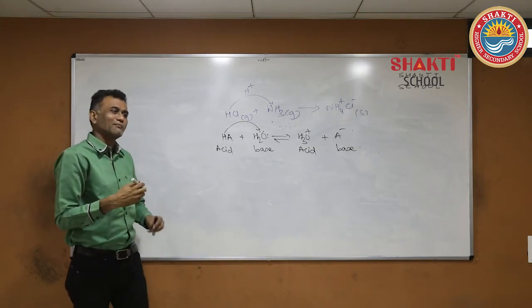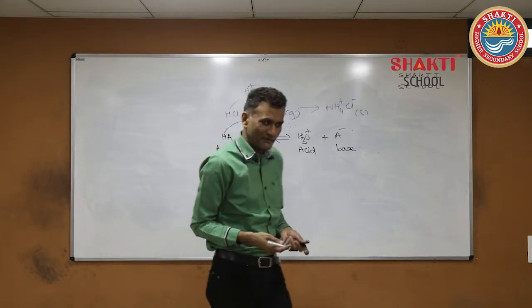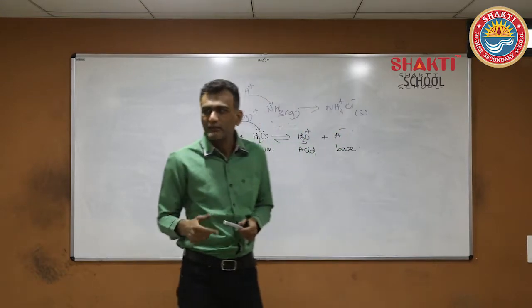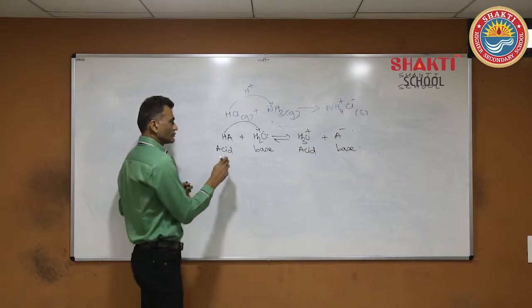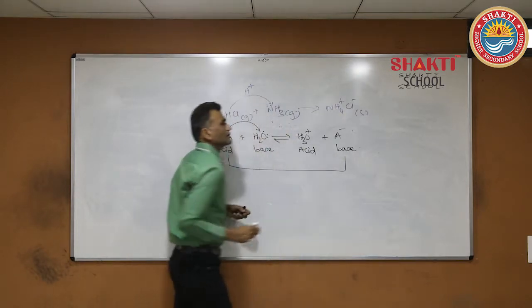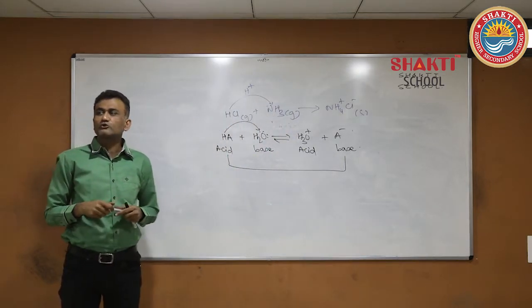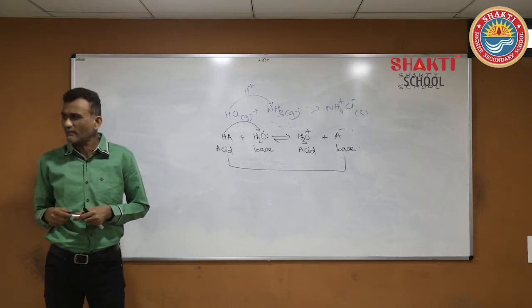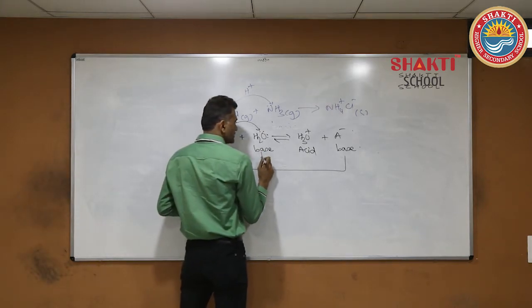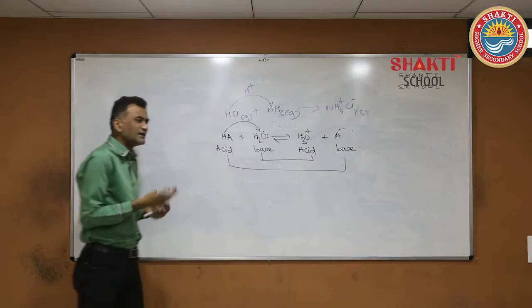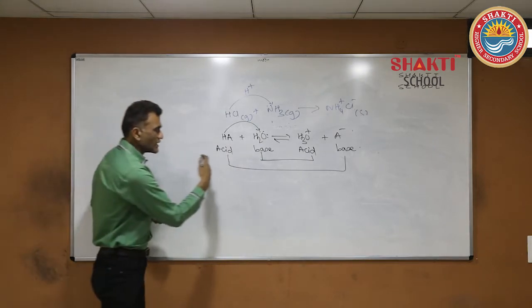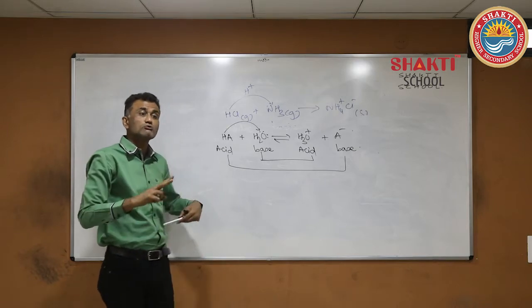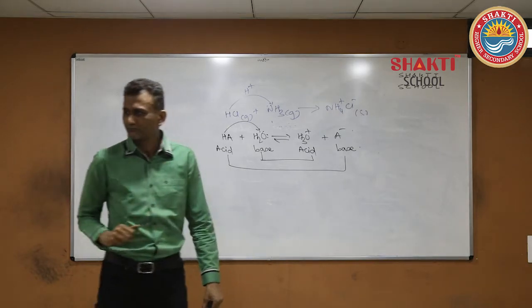HA, when it loses a proton, what does it form? Tell me quickly. HA after losing a proton forms A-, and water after gaining a proton forms H3O+. So as you can see, we have two acid-base pairs.